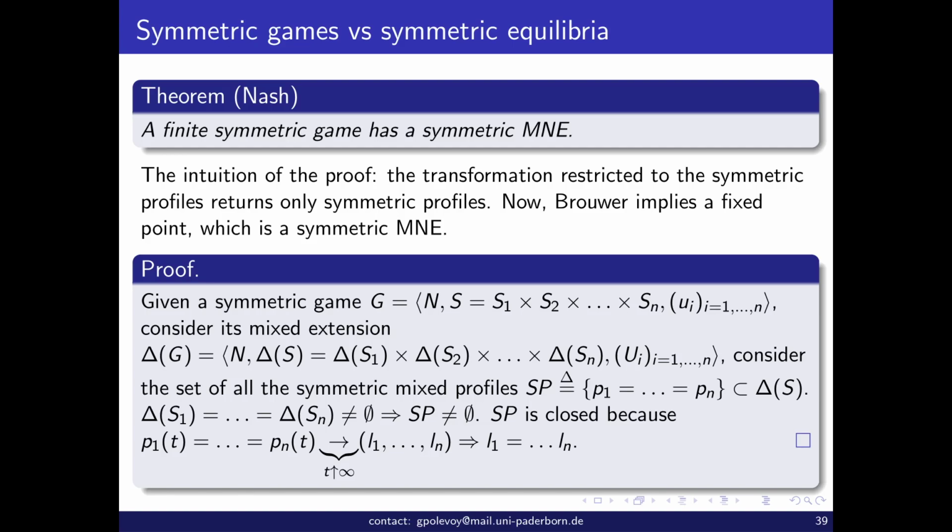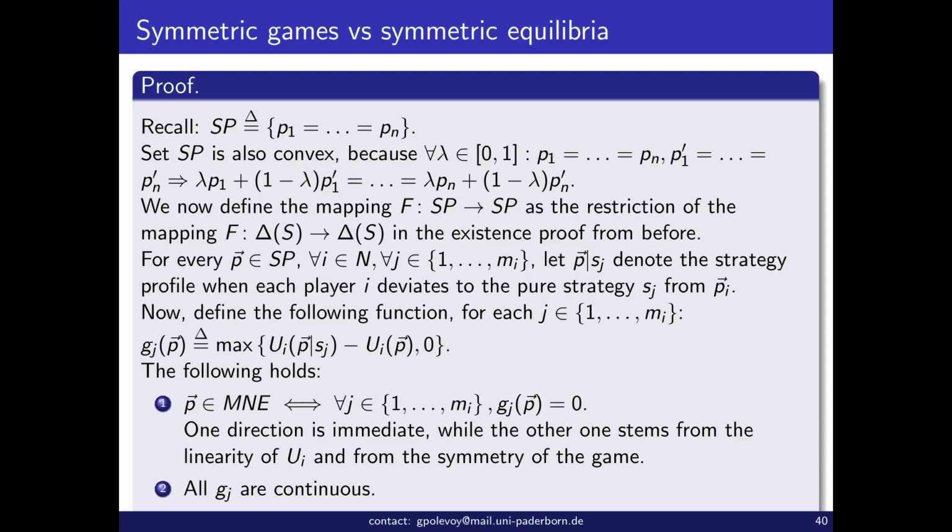So the limit of any sequence in SP will be in SP, because it's going to be a point with equal coordinates. So it's not only non-empty, but also a closed set. Let us recapitulate what we've proved: we define SP to be the set of all the symmetric profiles.